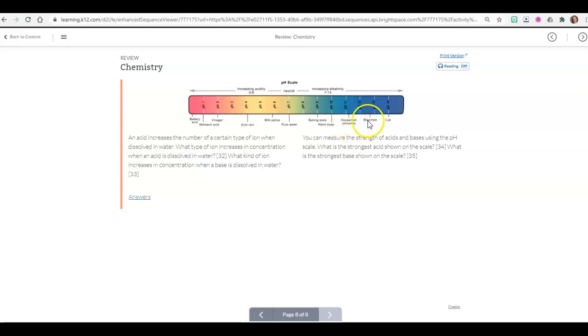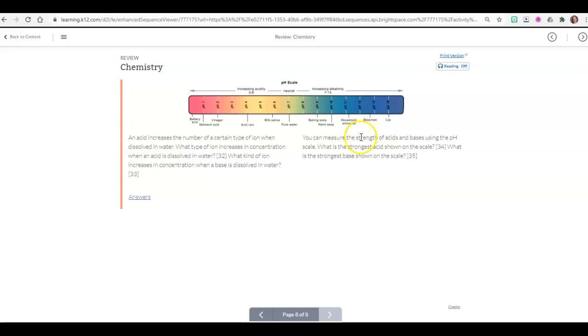Household ammonia, bleaches. If you've ever cleaned with bleach and gotten a little on your hand, you'll notice it feels very slippery. Lye, not something we use a lot, and it's really not healthy to touch that, but very alkaline substances.